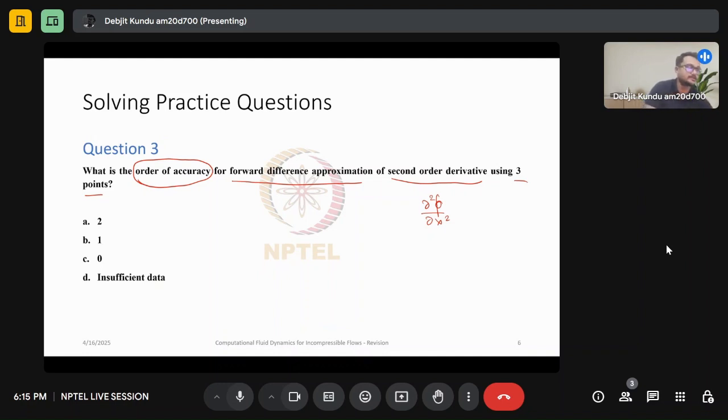Let's take a look at the solution. It's actually option A 2.